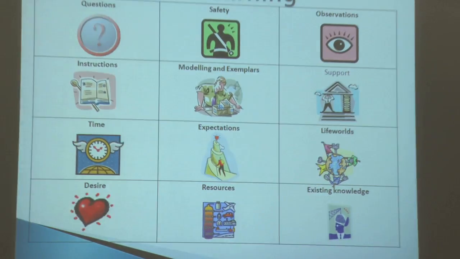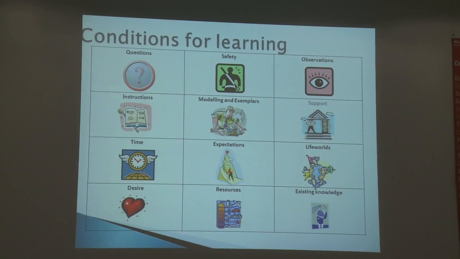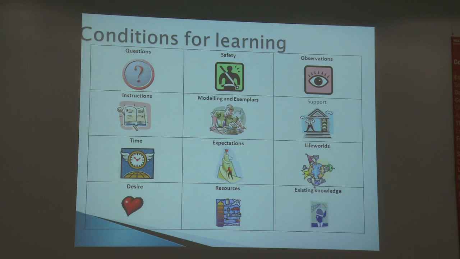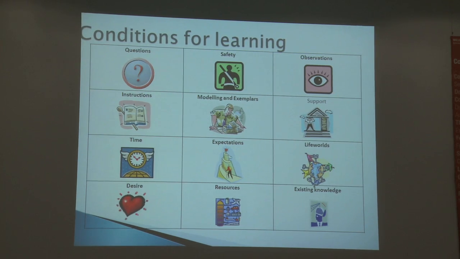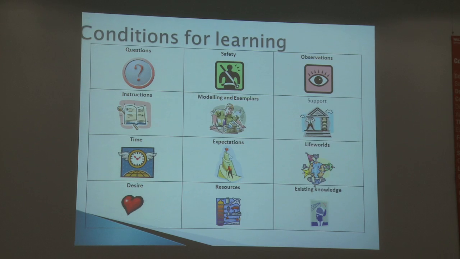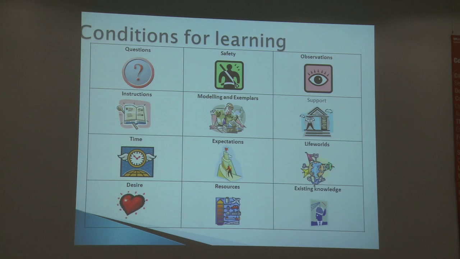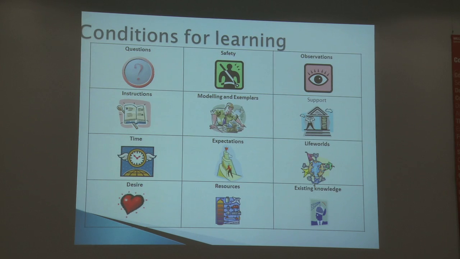Now these 12 conditions, the research that my teaching associate did over a period of about 2 or 3 years was to actually survey schools, primary and secondary schools, and educators outside of mainstream schooling about what conditions they felt were needed within a learning context to really enhance and honour young people's learning. Now these were the top 12 that came out. Now actually what I want to see is there any conditions that you came up with that aren't part of those conditions, that aren't similar to those?